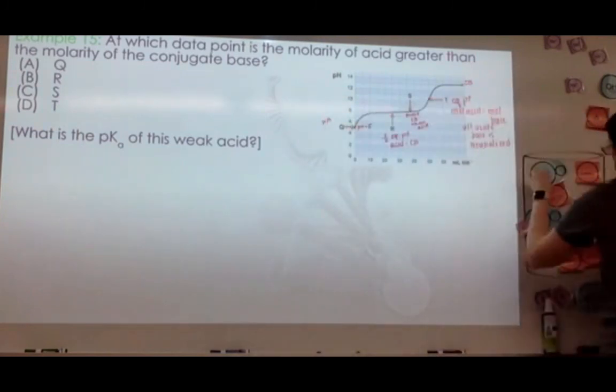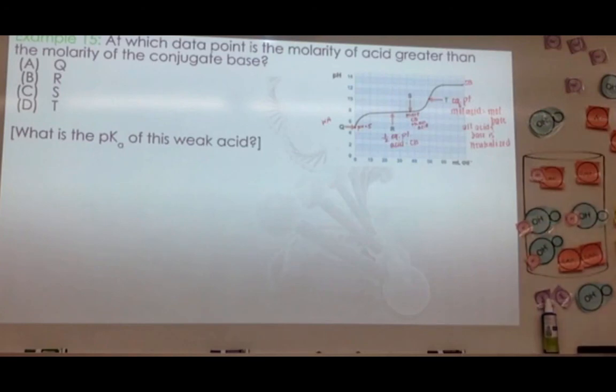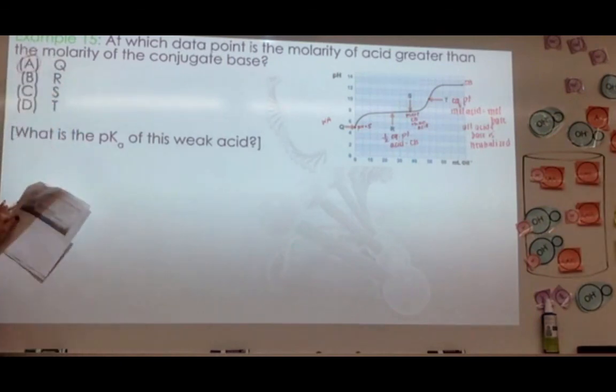So that would be like this. This would represent point S. We have more conjugate base than weak acid. At point R, at the half equivalence point, it looks like this. Equal acid with base. The only point that we have more acid is point Q.